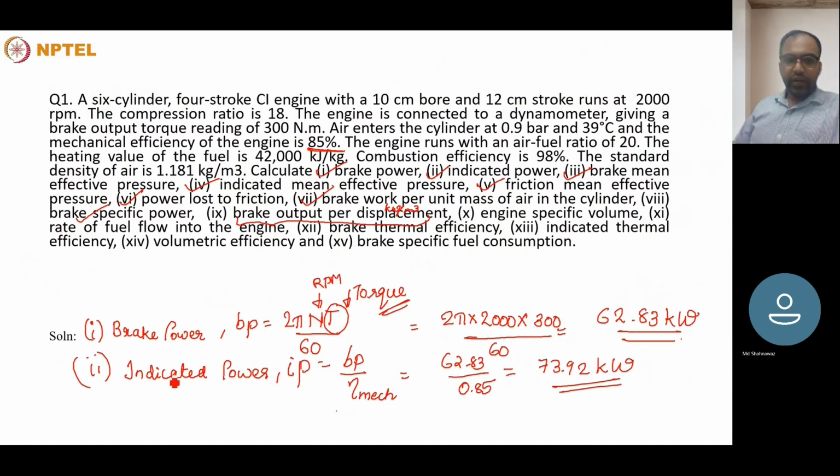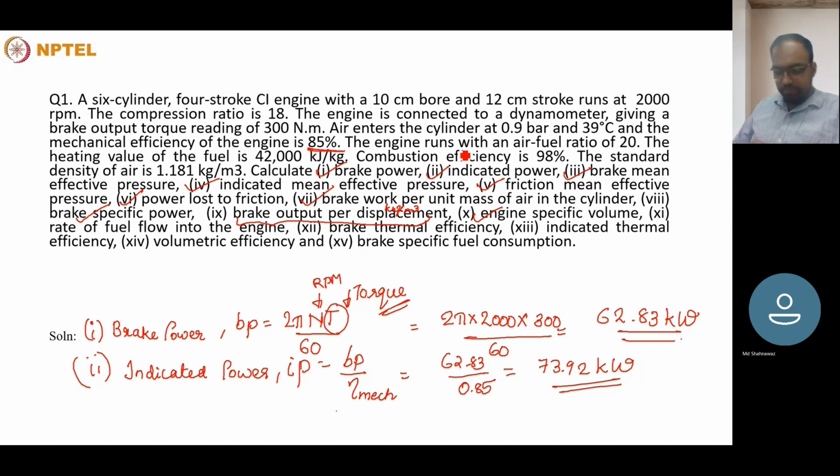So in this particular problem, we need to calculate the next quantity, the rate of fuel flow into the engine. In this given problem, the air fuel ratio is given as 20. Mass of fuel in one cylinder per cycle is equal to mass of air divided by 20, and we can calculate the mass flow rate of fuel. The rate of fuel into the engine is given by the mass flow rate multiplied by the number of cycles per second multiplied by the number of cylinders.